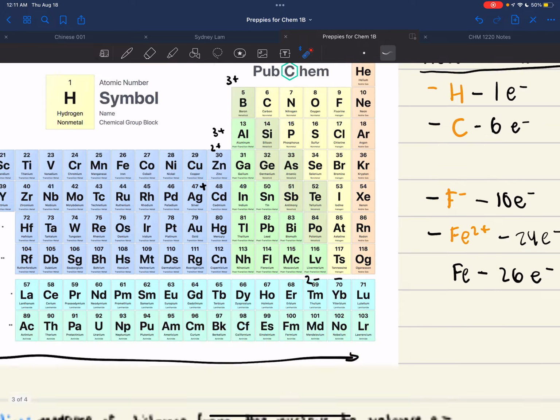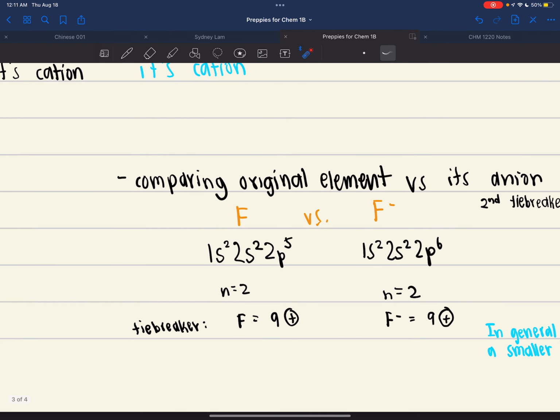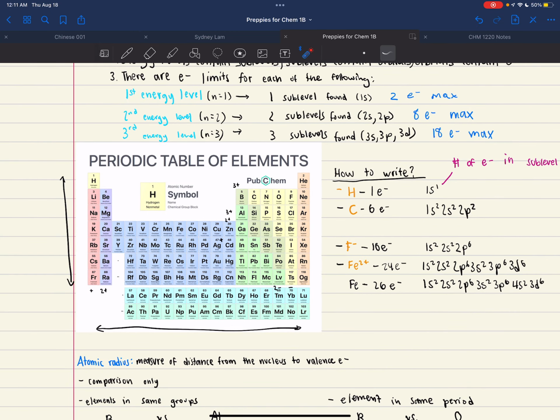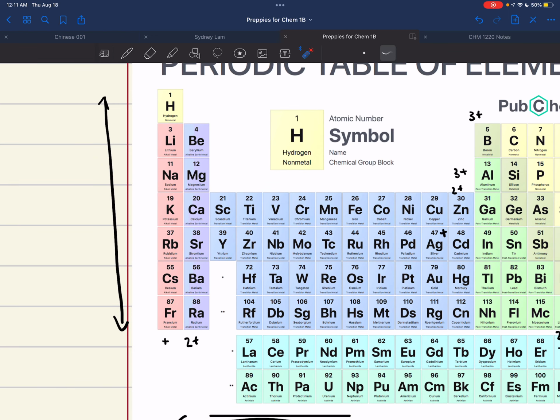And the electron configuration of this one, 1s2 2s2 2p6, is the electron configuration of neon. So the ideal ones for most elements are trying to achieve the configuration of the noble gas.